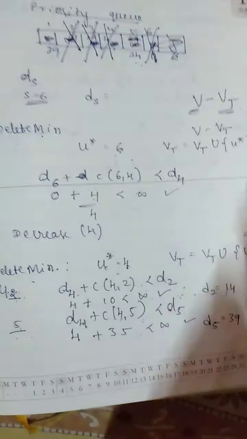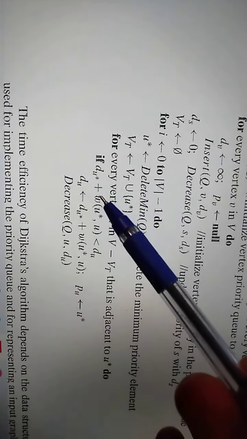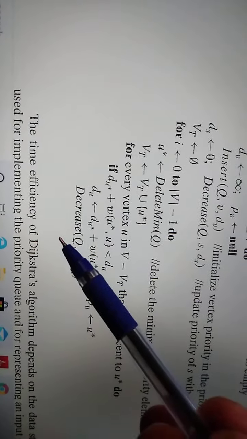Again, we apply the delete min operation. After decrease, in the next iteration, again delete min, and do the same for all the other fringe vertices. If the distance is less than the previous distance, update it, decrease and delete min. So it continues for all the vertices.